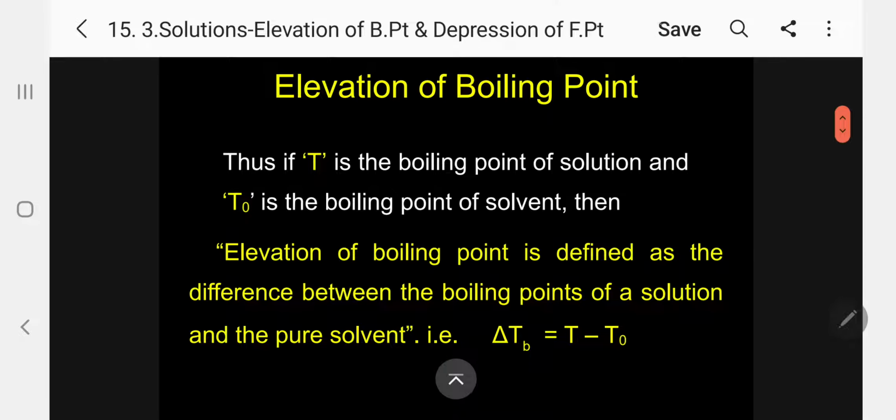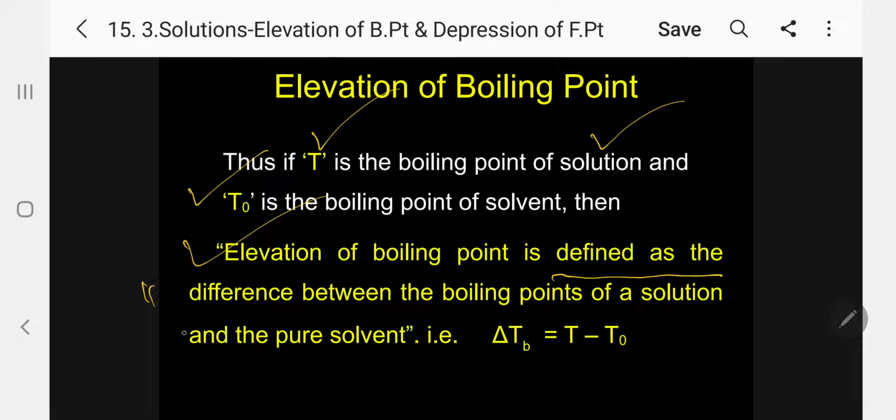Thus, if T is the boiling point of the solution and T0 is the boiling point of the pure solvent, then elevation of boiling point is defined as the difference between the boiling point of a solution and the boiling point of the pure solvent.